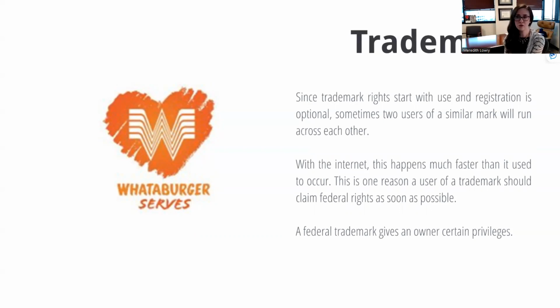And so the only place the Russellville Whataburger can function as a Whataburger is in Russellville. All other trademark rights, because of that federal filing by Texas Whataburger, got given to them because of the filing, even if they weren't there.